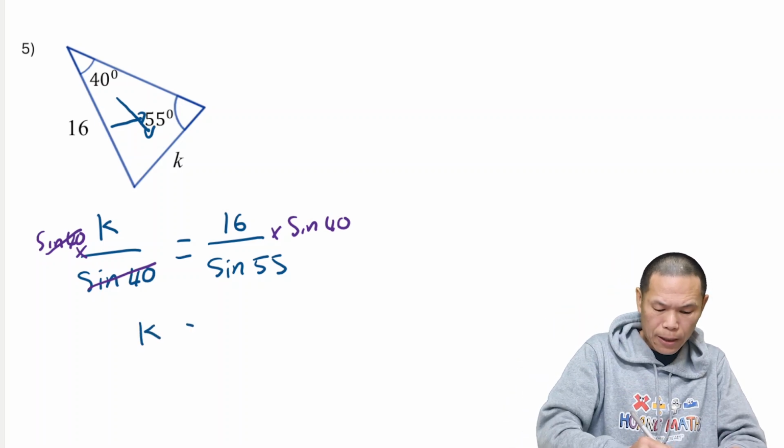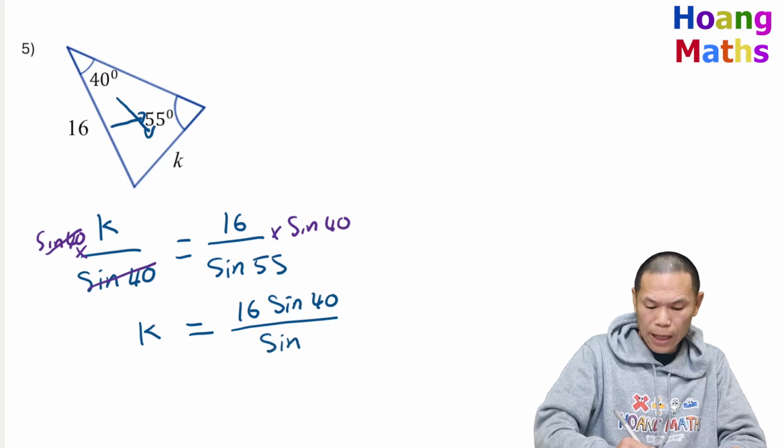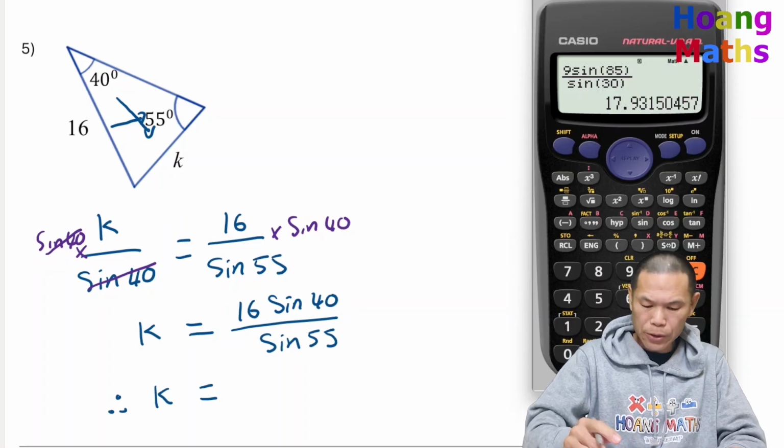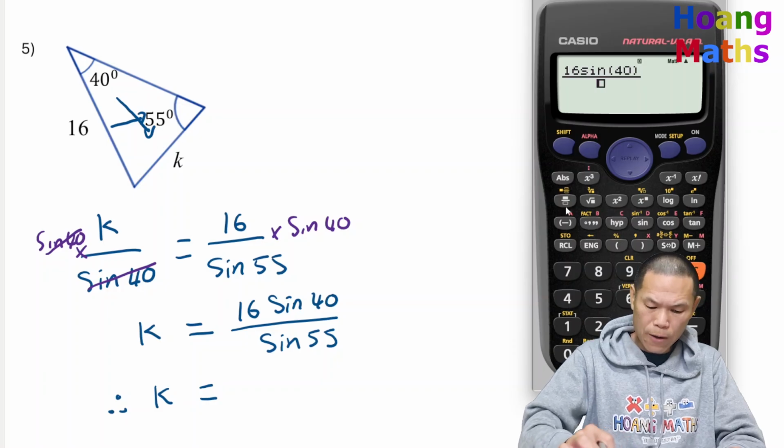So k equals 16 sine 40 over sine 55. So therefore k equals, so we just go 16 sine 40 over sine 55.